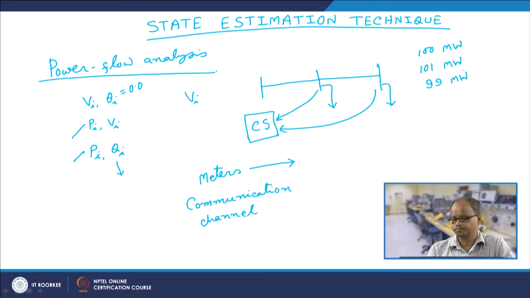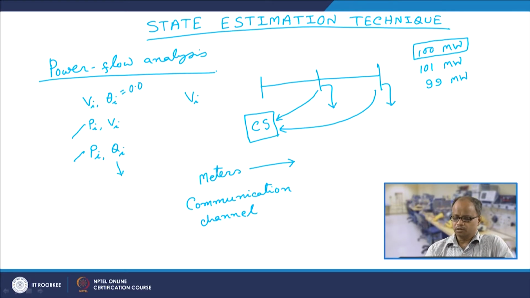Because of this inherent error in the meter, it will never measure the exact ideal value of 100 megawatt; rather, it would be measuring some value which is not the true value.